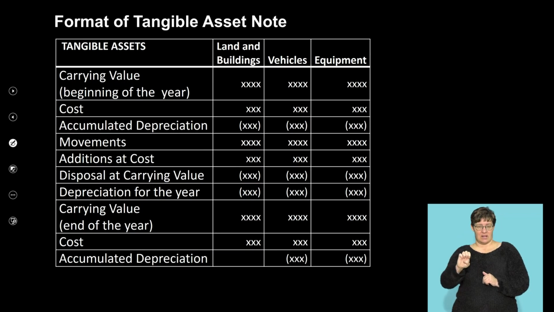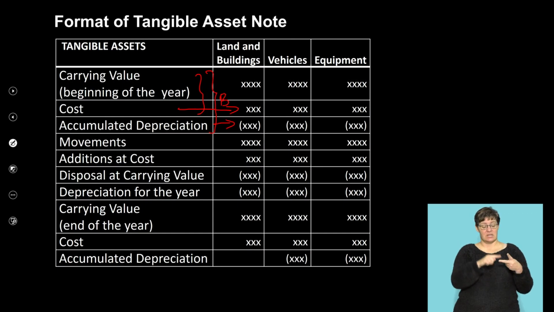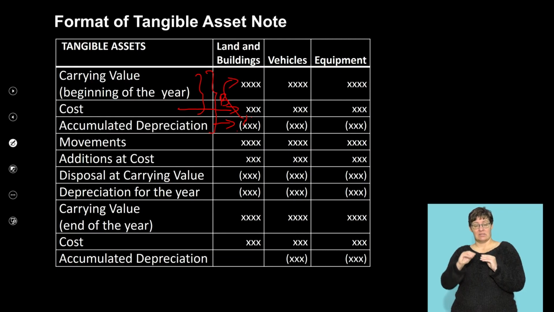What is important in this note is the following. One, these are your balances at the beginning of the year. So all of this will be your balances at the beginning of the year. What do you have there? You have the cost price and your accumulated depreciation. Cost price minus accumulated depreciation obviously gives me my carrying value.